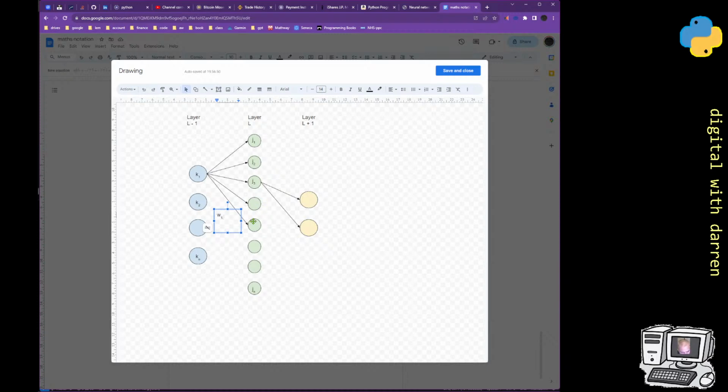We'll call it W1 to W5 of layer, and I will struggle a tiny bit to do this, but I'm going to do it like this, which is Control and comma for a superscript of layer, and I think it is 1 over there. So it's going to look something like this, and this relates to this particular line over here.